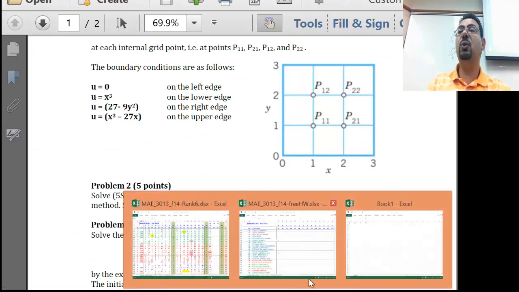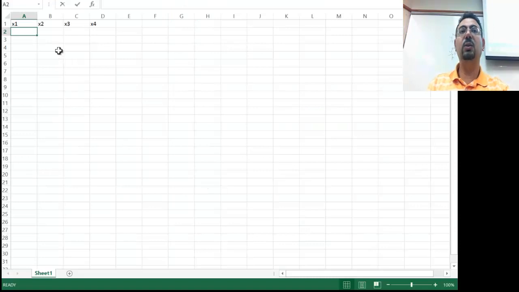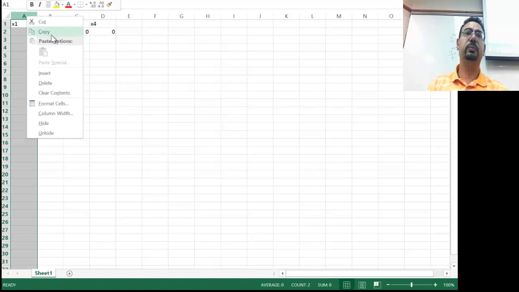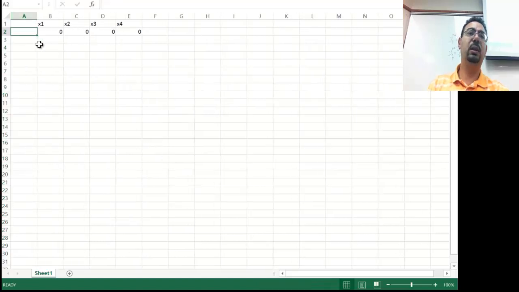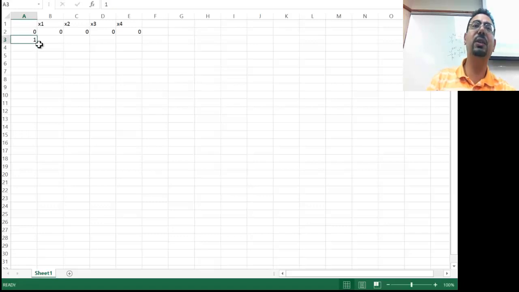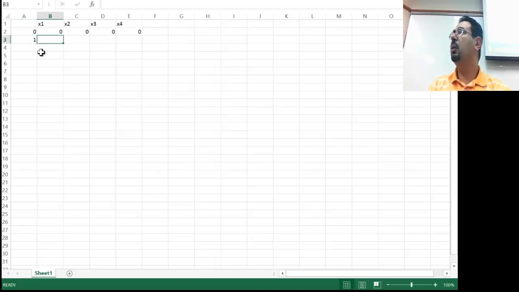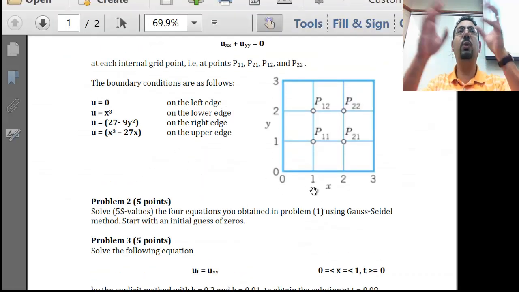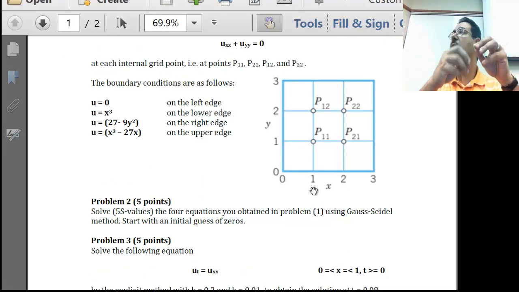So that means the first row will be 0, 0, 0, 0. This is the initial guess. Now the first iteration: how does Gauss-Seidel work? You take the 4 equations for 4 unknowns, and you turn the first equation into a formula to calculate x1.